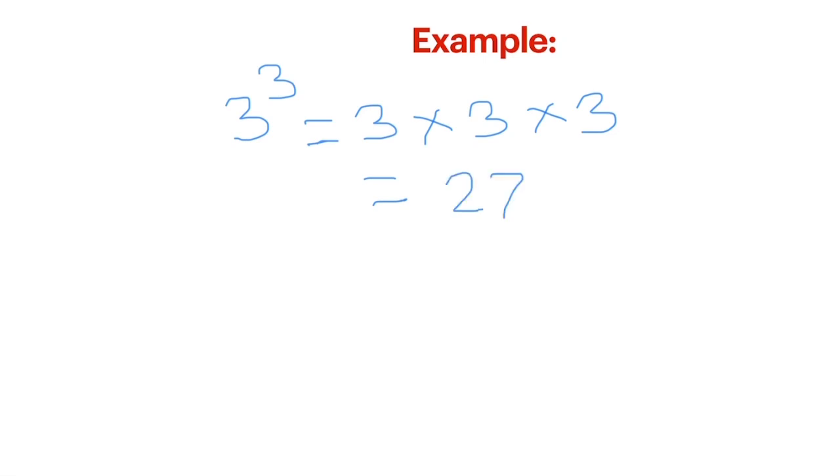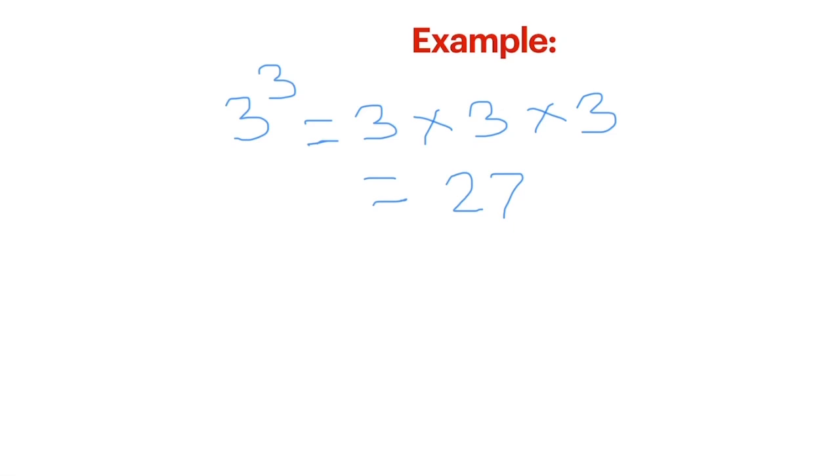For example, 3 to the power 3 equals 3 times 3 times 3, which equals 27.